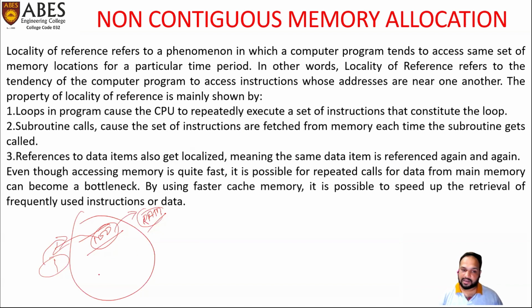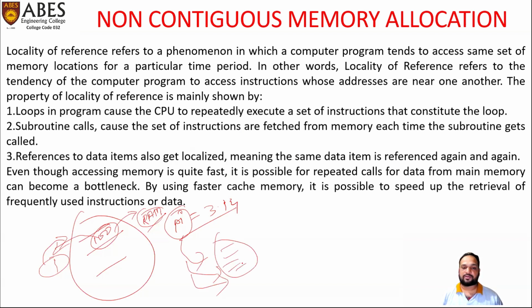Subroutine calls are again an example, and so is referring to a data item. Suppose we globally initialize a particular data value, let us take an example, 3.14, whatever. And that initialization is called again and again inside a program a number of times.